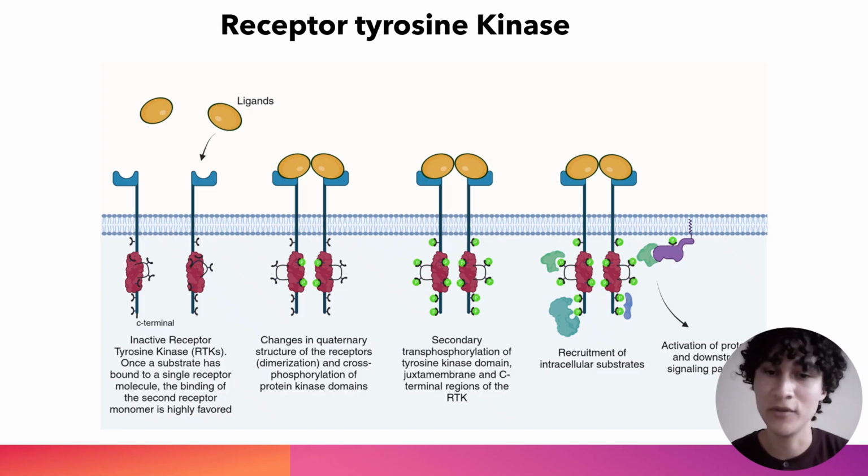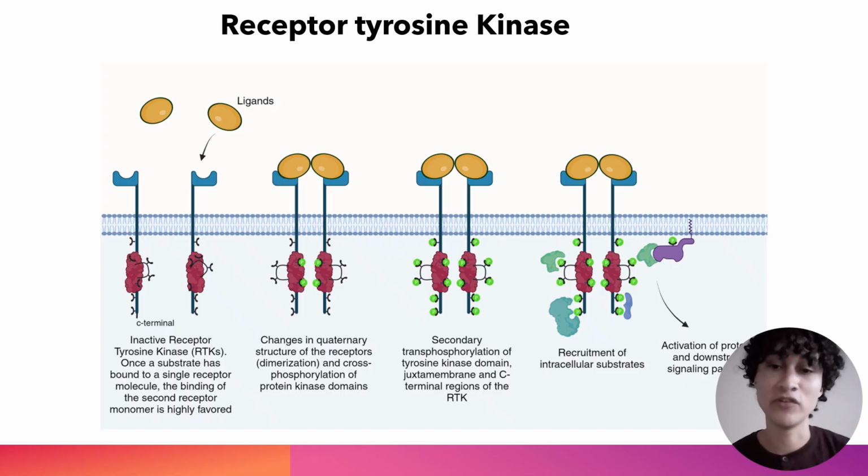That C-terminal part of the glycoprotein can act as a recruitment or docking platform for other proteins to assemble on, and then initiate an intracellular signaling cascade, which will usually result in the activation of AKT, or protein kinase B.